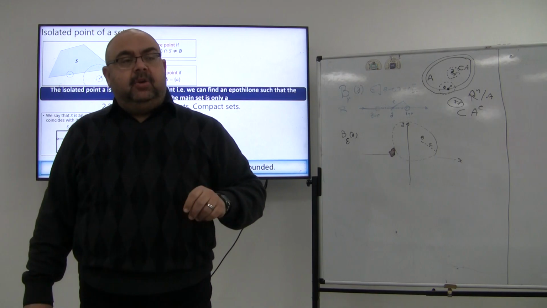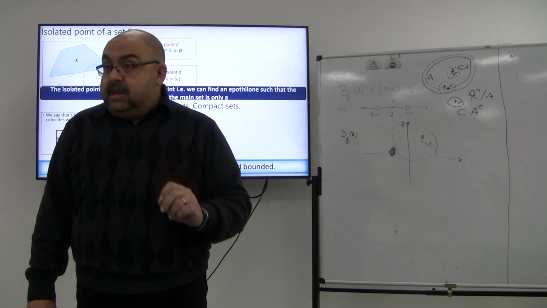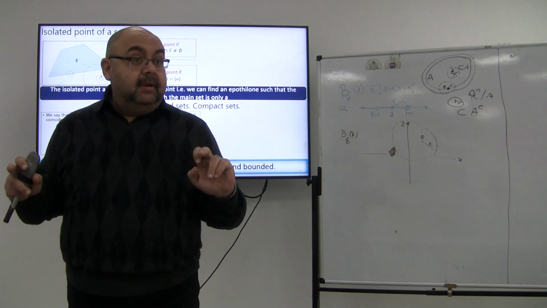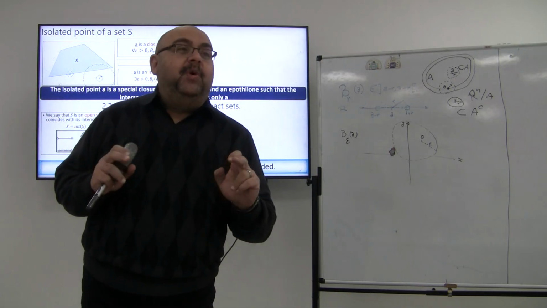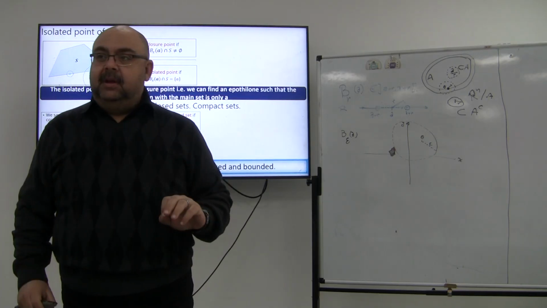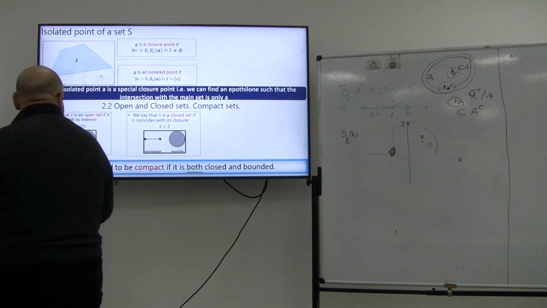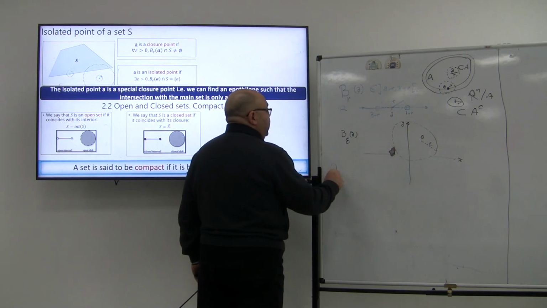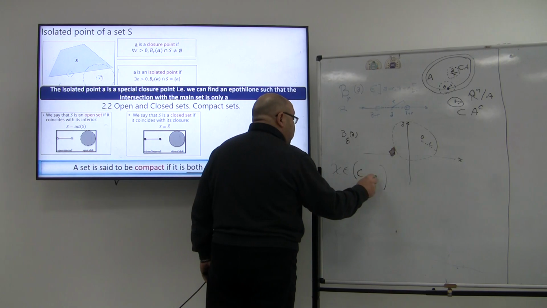Do you know what the meaning of boundedness is? Boundedness means that your set is between two numbers, even if these two numbers are within your set or outside your set. For example, there is no infinity. I can say x belongs to the open interval (C, D).